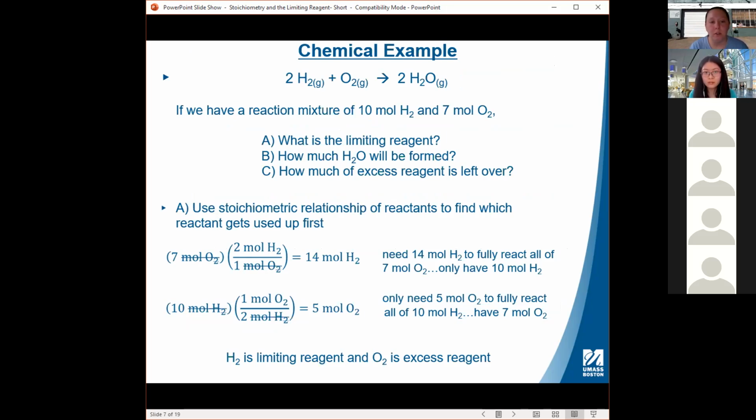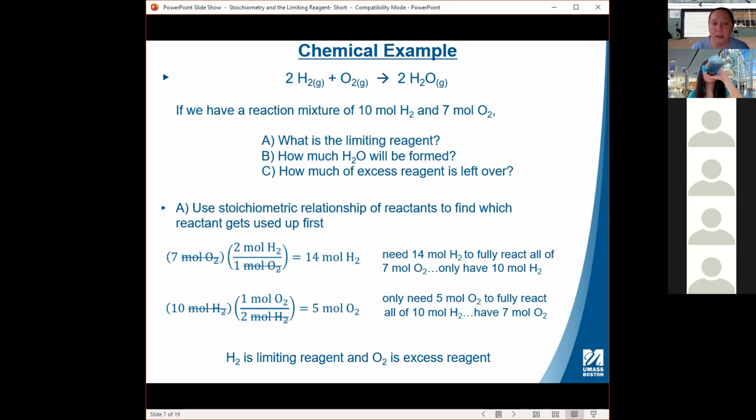In this example, we're starting with moles this time instead of grams. They're saying that we're starting with 10 moles of H2 and 7 moles of O2. And they're asking, what is the limiting reagent? How much H2O can be formed? And how much excess reagent is left over?